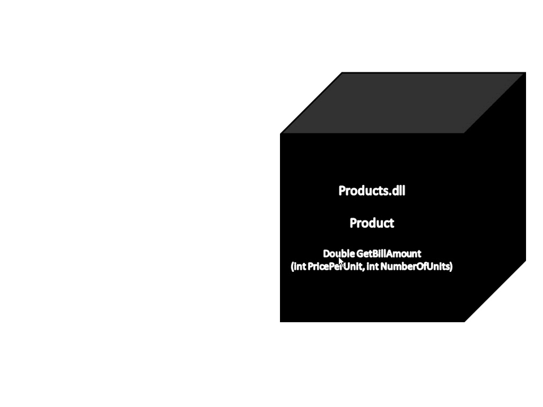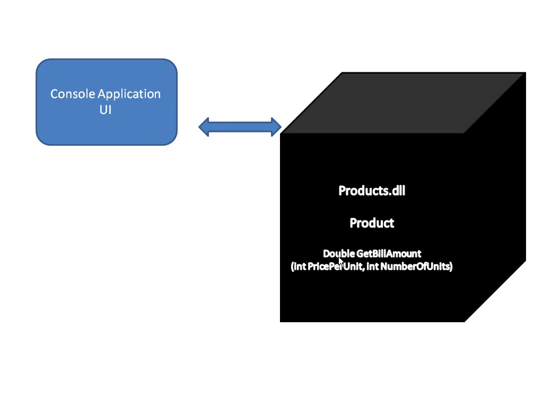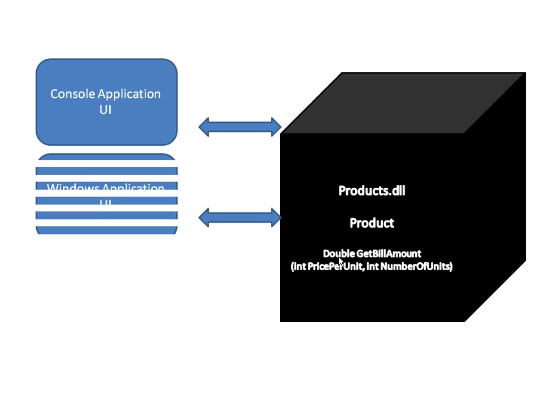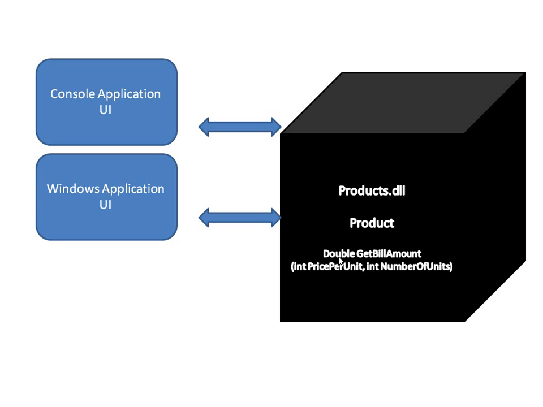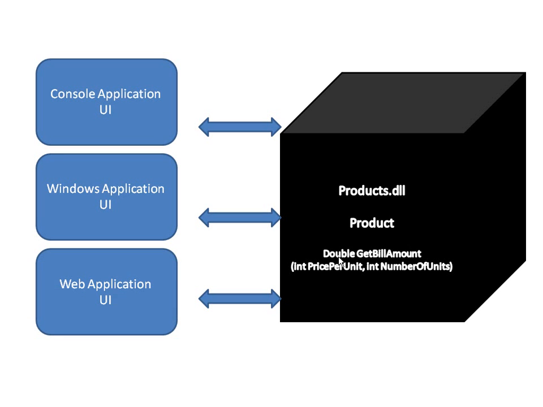As I said, it is a reusable component. I am going to use the same DLL as my business logic layer for the presentation layer or UI layer of a console application, and the same DLL in a Windows application, and also in a web application.